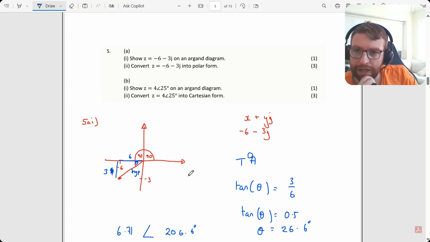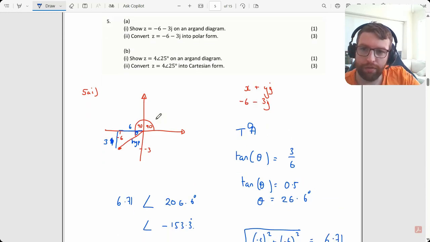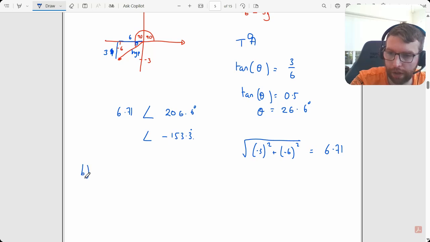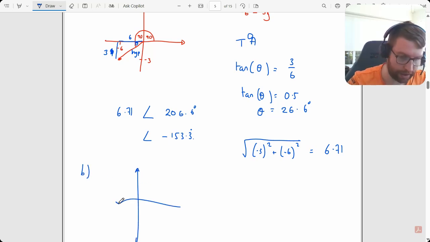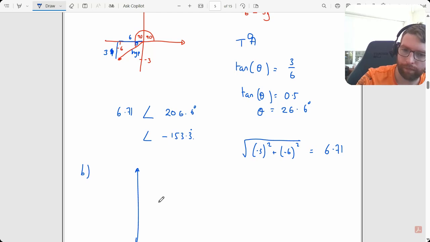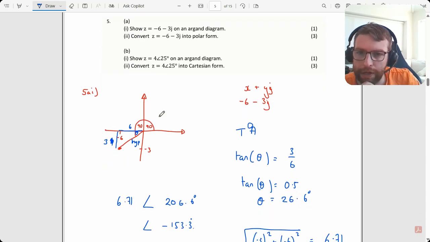Okay, so that's the polar form part. Thankfully, it's easier going the other way. So you are going to draw your Argand diagram again. What's the number this time? 4 and 25.